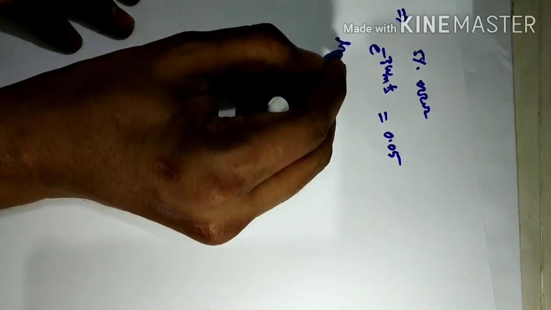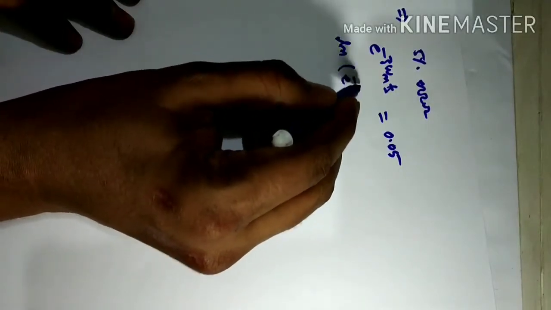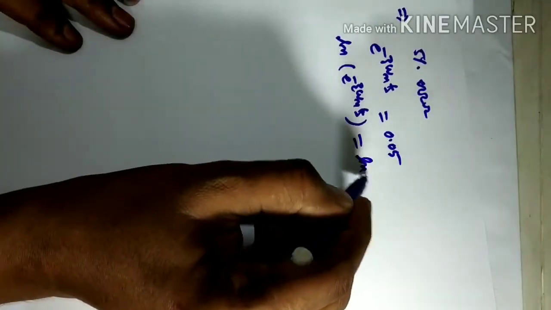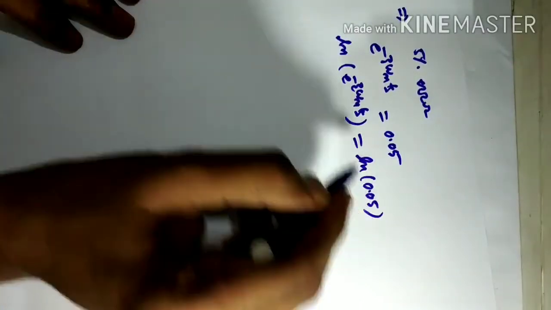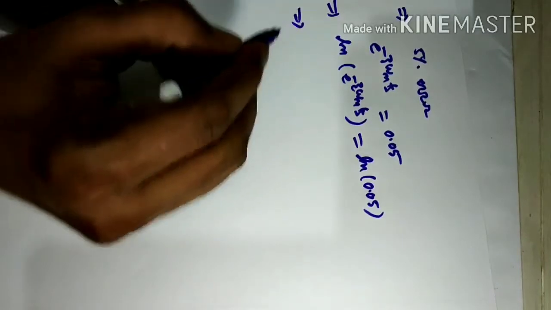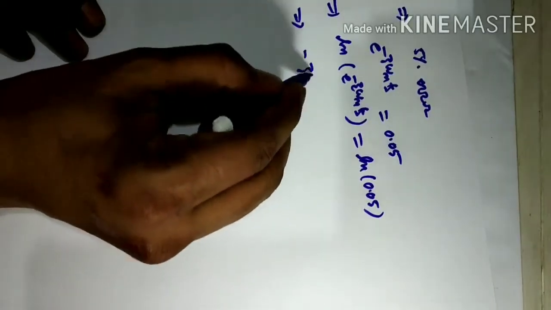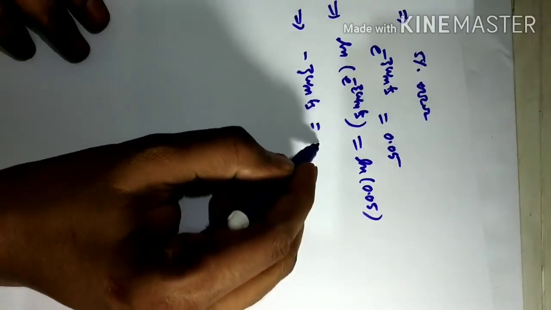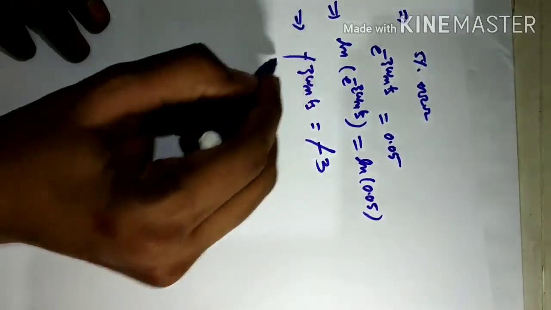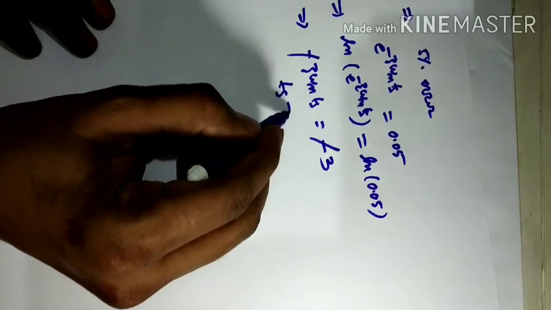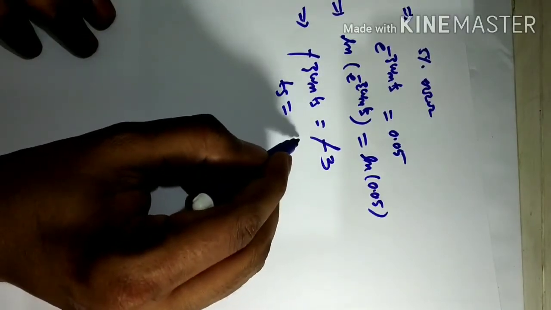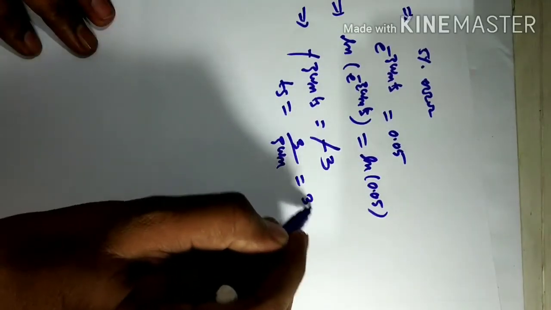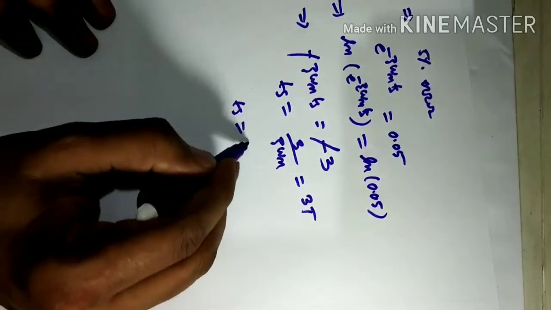When you apply ln, minus zeta omega n ts equals ln 0.05. This value becomes minus 3. The minus gets cancelled, so ts equals 3 by zeta omega n. So this value becomes 3T. So ts is equal to 3T.